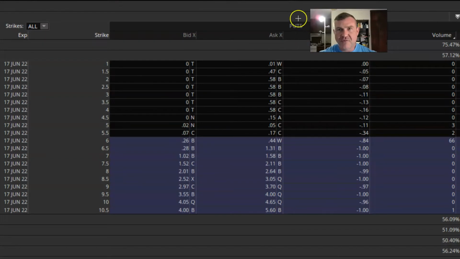So I zoomed in. We see we're looking at the puts. If we were to zoom out, on the opposite side over here would be the calls. This is the strike price, which is the stock price, and this is kind of right around where it's trading. This bid means how much we could get when we sell something. The ask means how much we'd pay if we bought something.